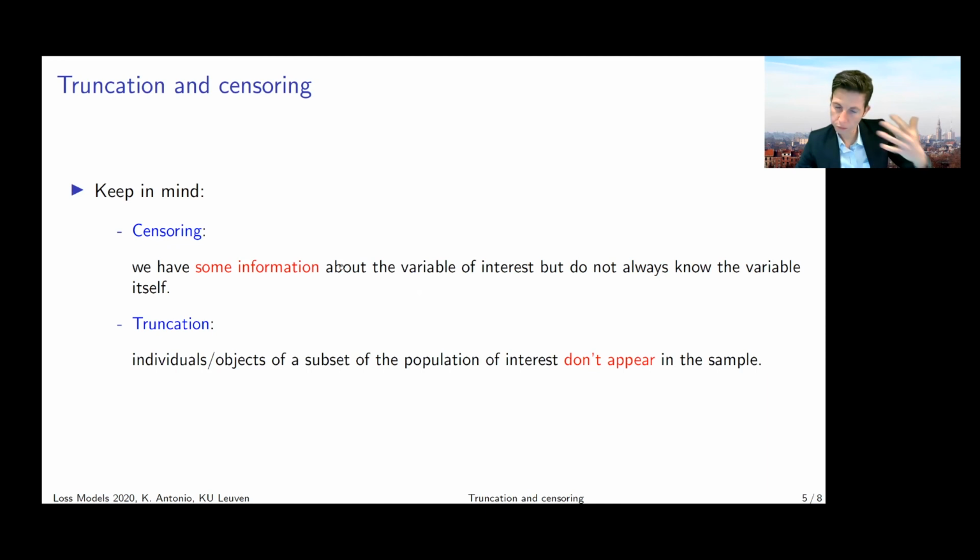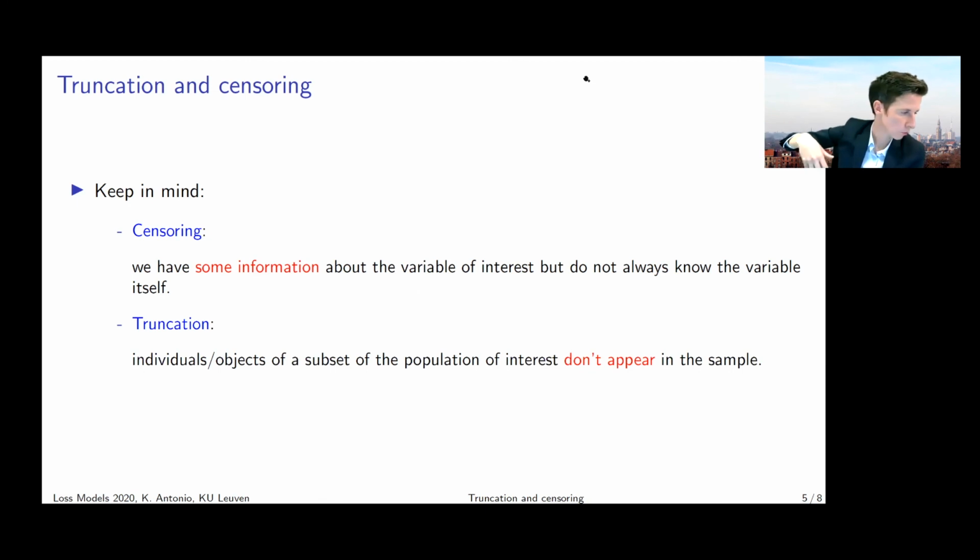Now, if you look back at the kind of policy modifications that we've been discussing, deductibles, policy limits, if I ask you, think about a deductible and think about a policy limit, then the deductible, is it an example of truncation or censoring? And the policy limit, is it an example of truncation or censoring? So for censoring, the limit indeed would be an example of censoring, because you pay part of the actual claim amount, but you don't pay the full amount.